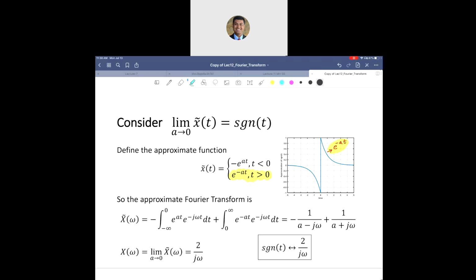And when time is less than 0, you have negative e to the plus at. You can actually write that as e to the minus at u of t minus e to the at u of minus t.